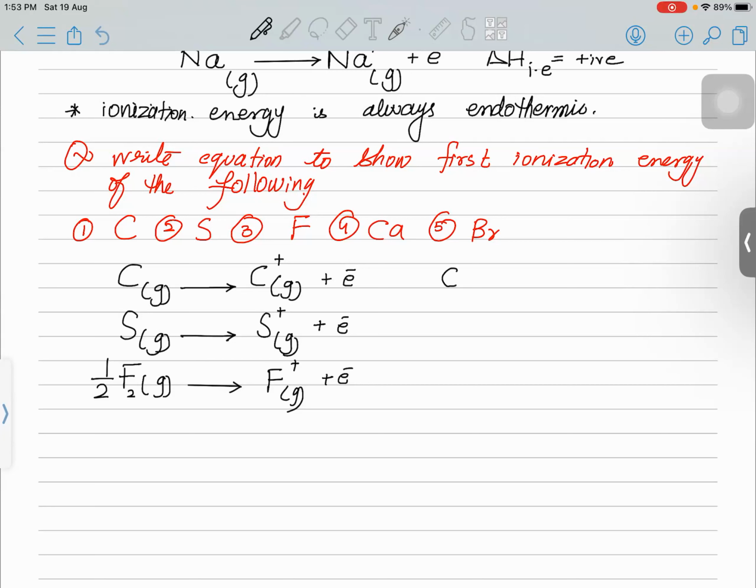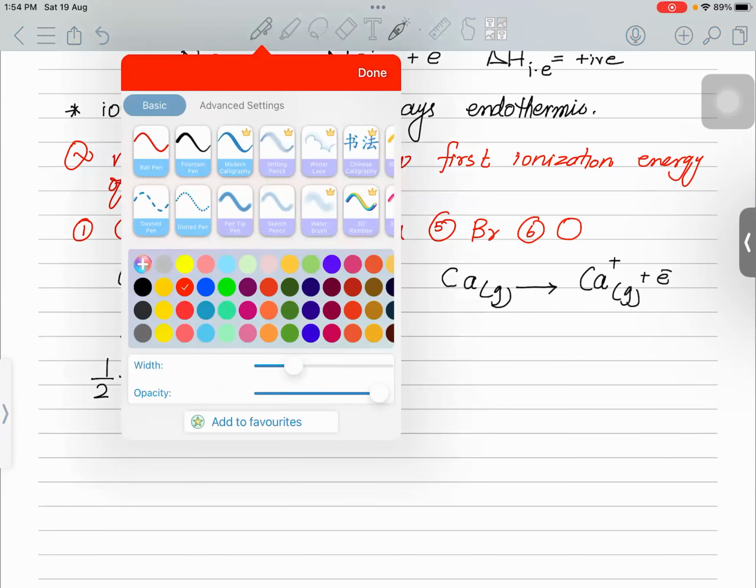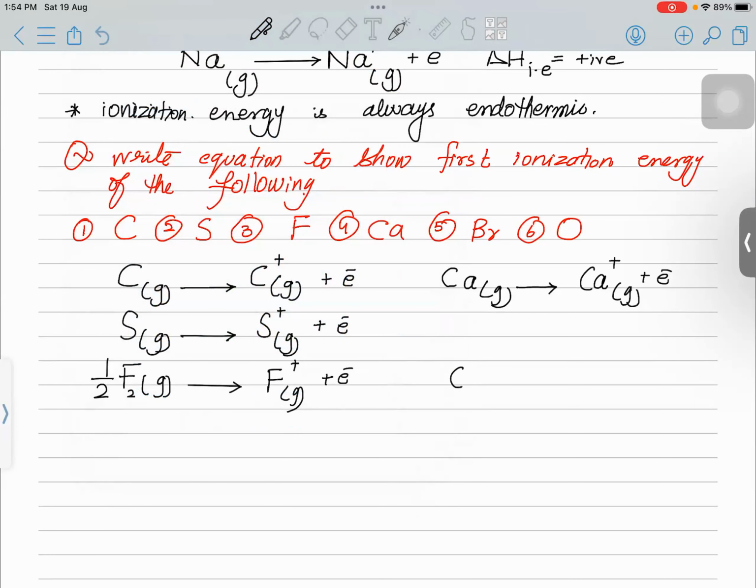Now calcium, gaseous. So sir, if you have oxygen, O2, then do we write one half O2 will turn into O plus e minus? Exactly, exactly. Now look at question number 6, oxygen.